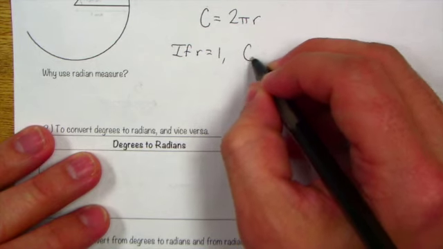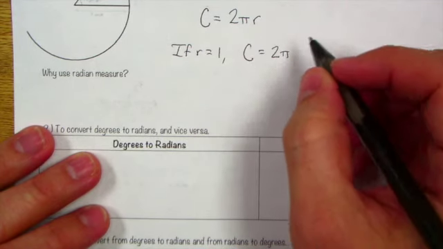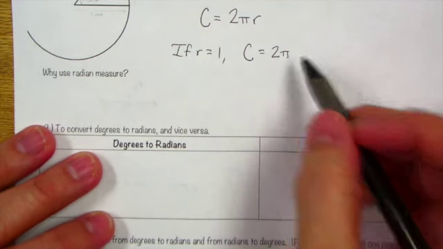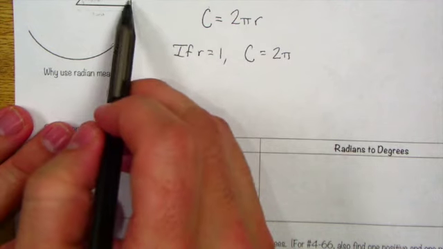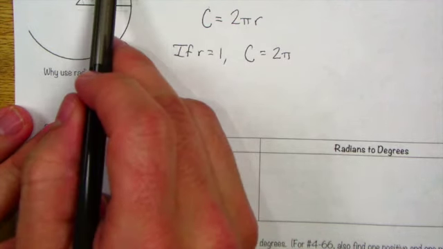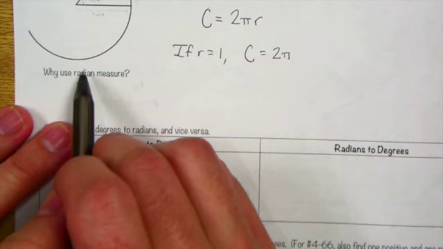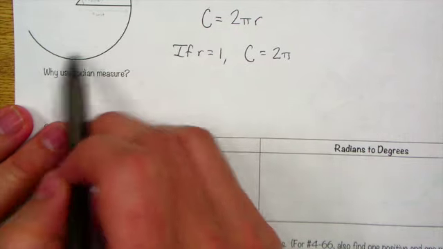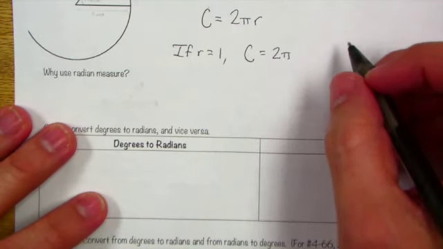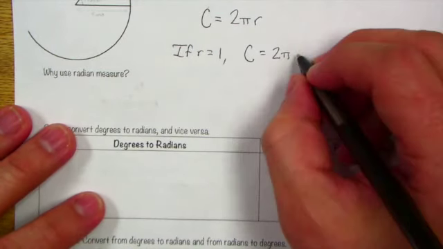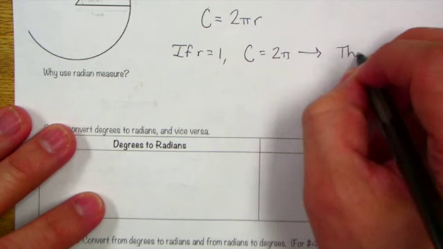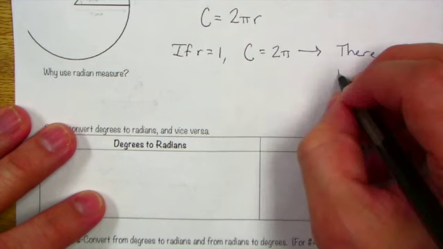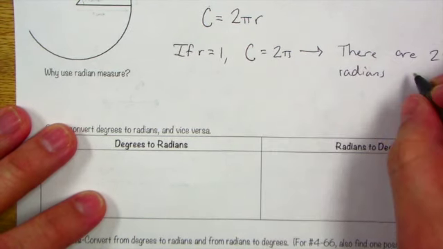So the circumference equals 2 pi. Pi being 3.14, 2 times 3.14 is 6.28. What that means is you have 6 radiuses around this circle and 0.28 of a radius. It's not quite an even number, and that's true for all circles. So what that means is that there are 2 pi radians in a circle.